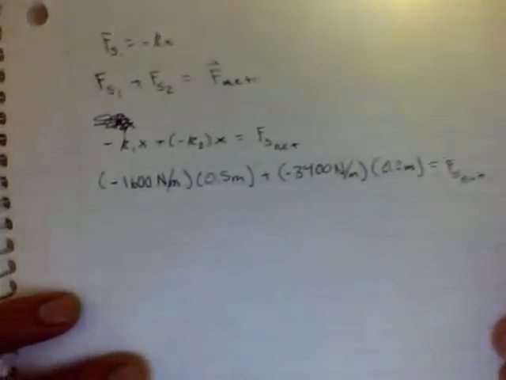And you're adding the second spring, which would also be negative 3,400 newton meters, times the displacement, the distance, which should be 2.2 meters. And you should get your net spring force.